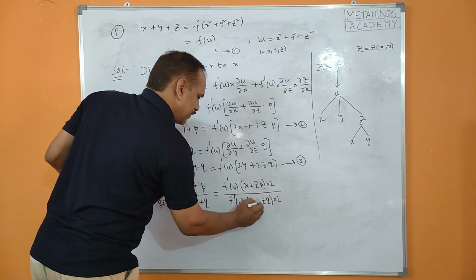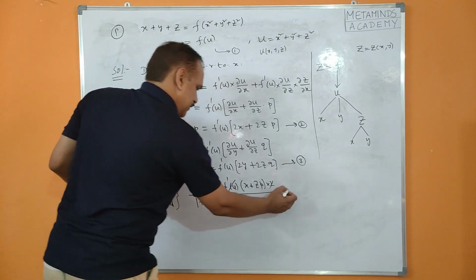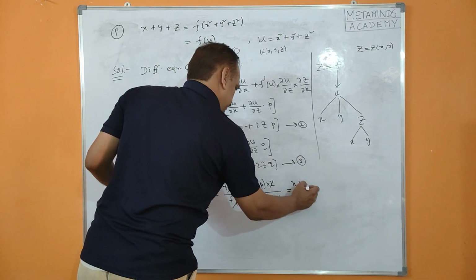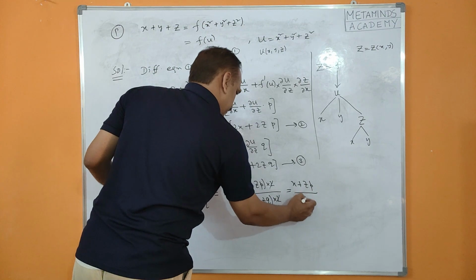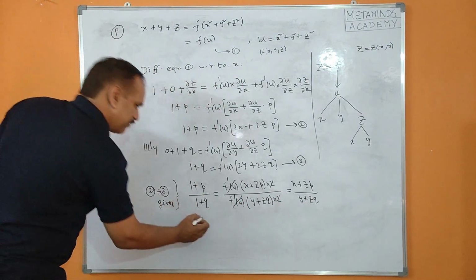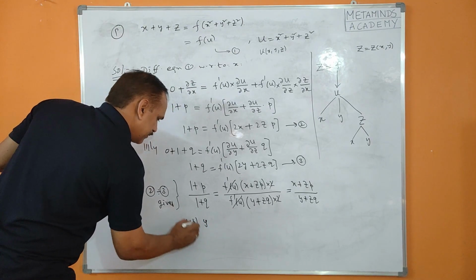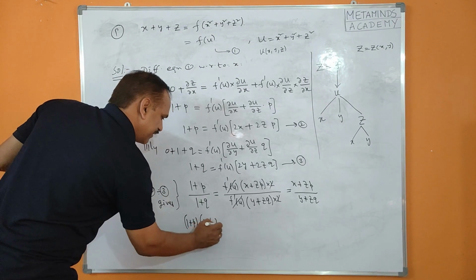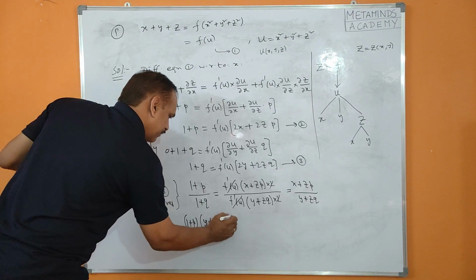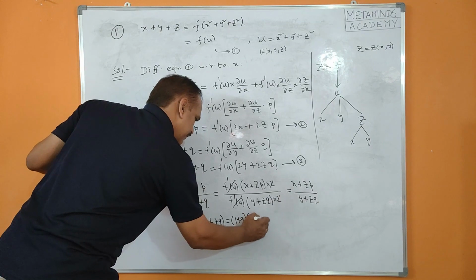You can take 2 also common, which gives x plus zp by y plus zq. Now you cross multiply, you will get 1 plus p into y plus zq equal to 1 plus q into x plus zp.